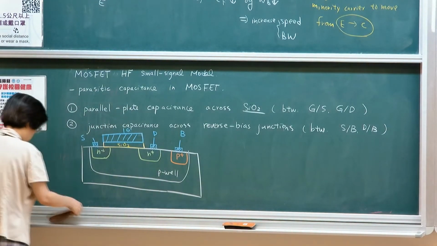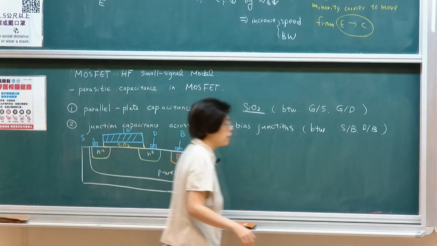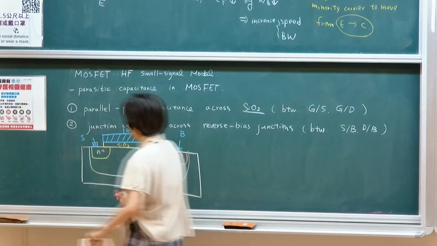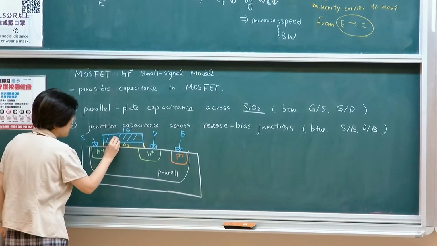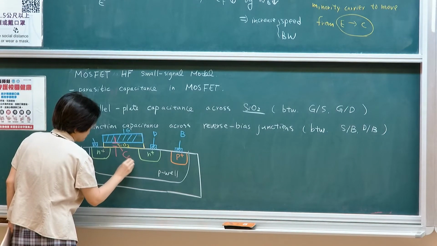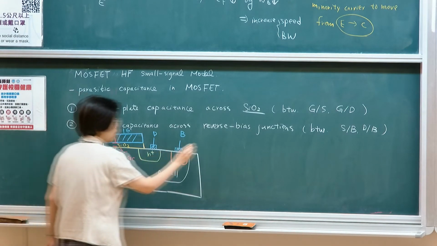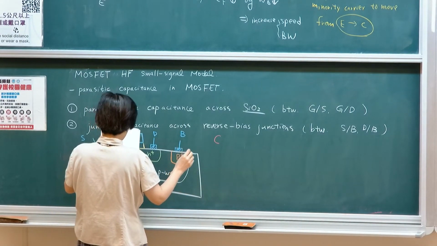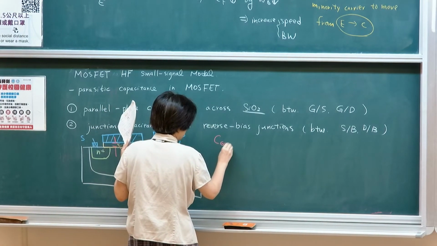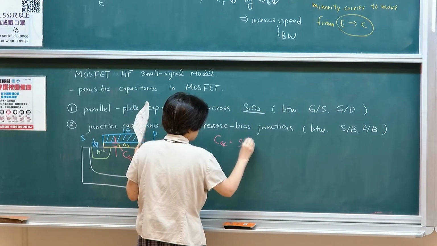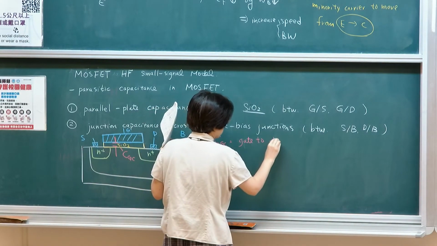If you want to think about what capacitances can occur, looking at the parallel plate, this is the gate. We call this CGC, with a small c, which stands for gate to channel.